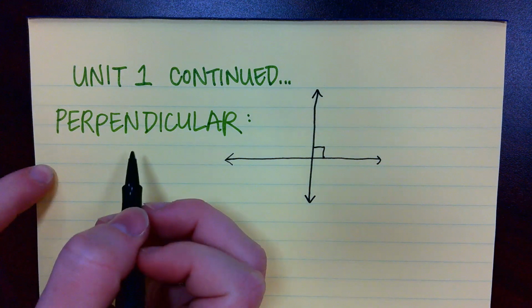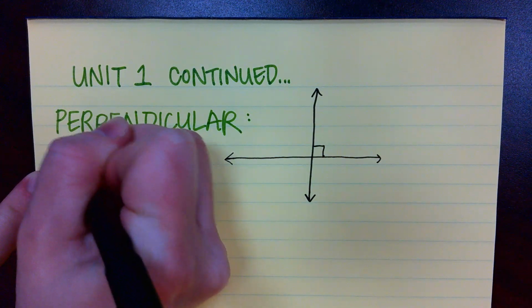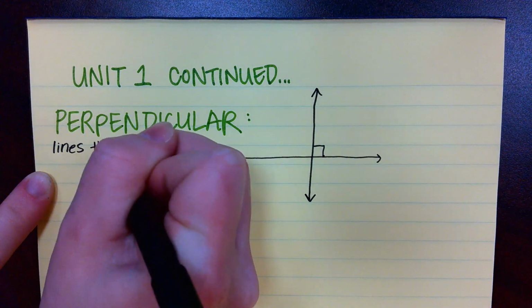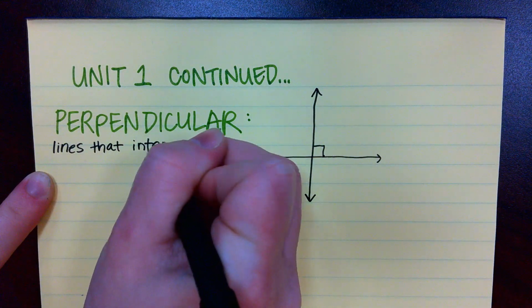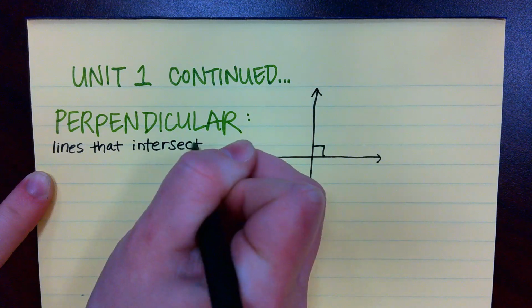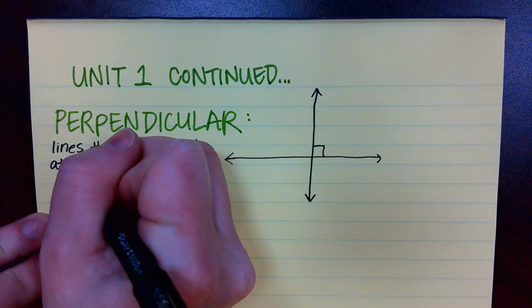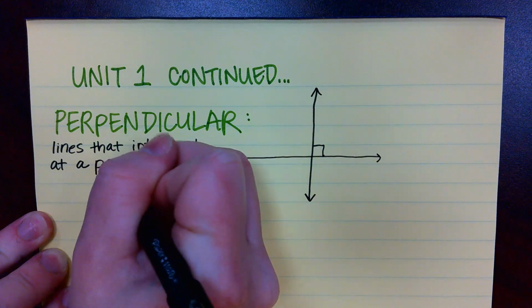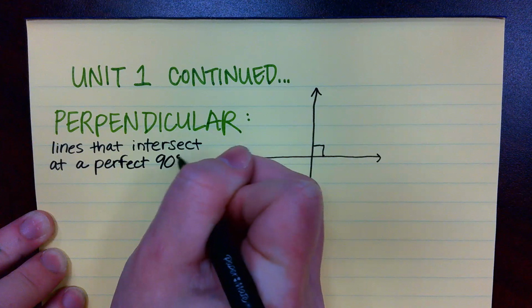So to define this, underneath it, I'm going to write lines that intersect at a perfect 90-degree angle.